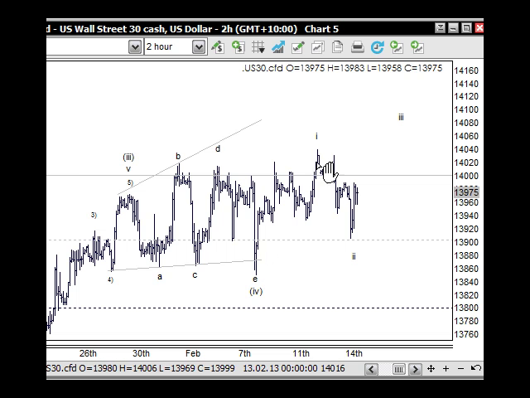So it's very difficult to count, but it's basically wave 1, wave 2, wave 3, wave 4 and wave 5. You'll see that on the cash market more so, and we're looking for an ABC coming back through here, so that seems to be in place now. So we should see a move up through here.